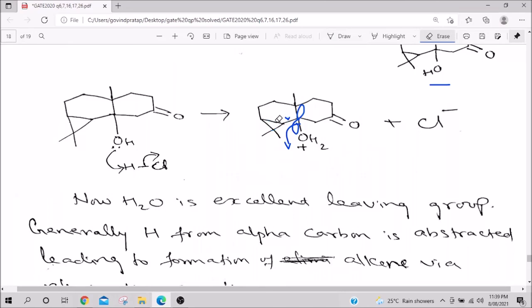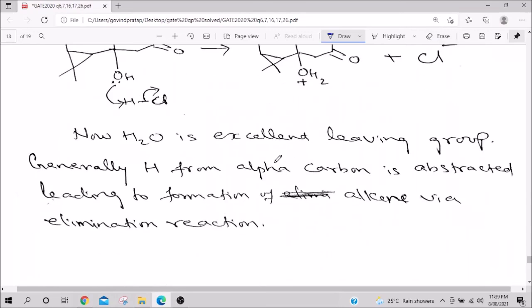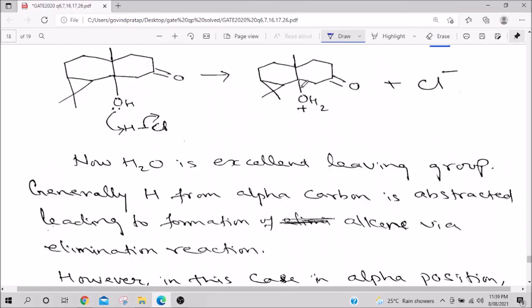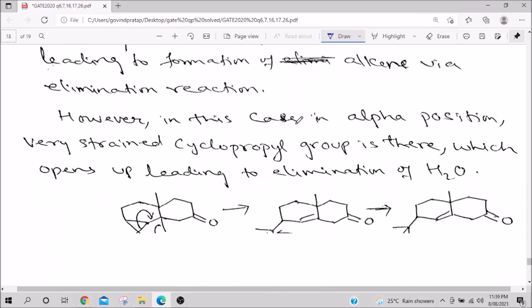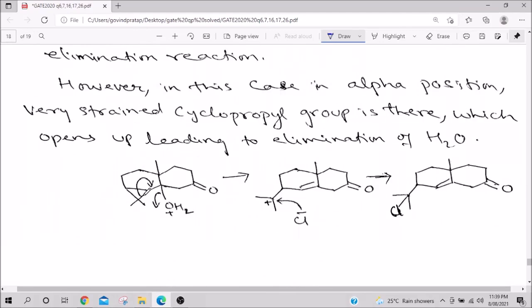So this bond is a bent bond and it overlaps, and therefore this will go and interact, and then this leaves. So what happens is, this goes and attacks, this water leaves, and you get a double bond here and you get a positive charge. You just now saw that this has taken protons to become water. So Cl minus is there, and Cl minus goes and attacks here, and you are getting this.